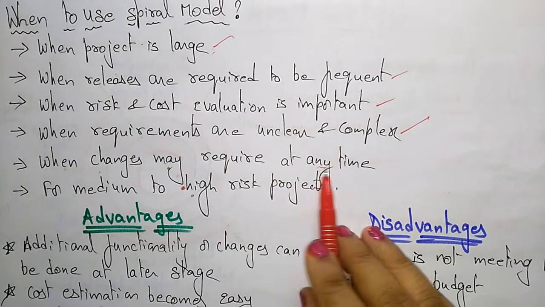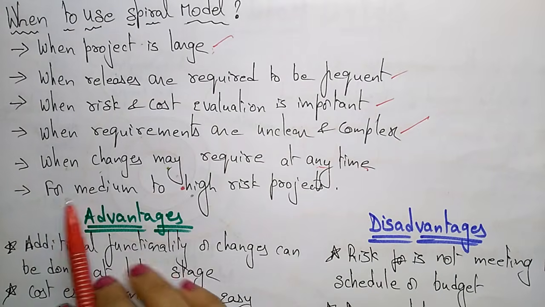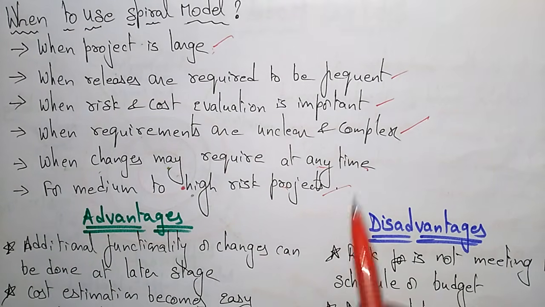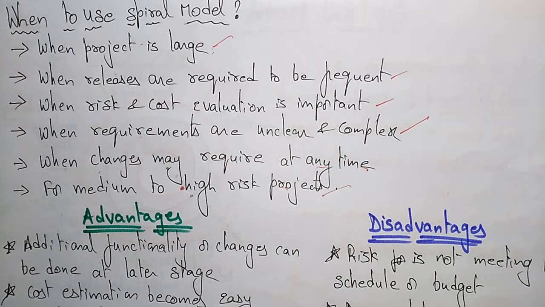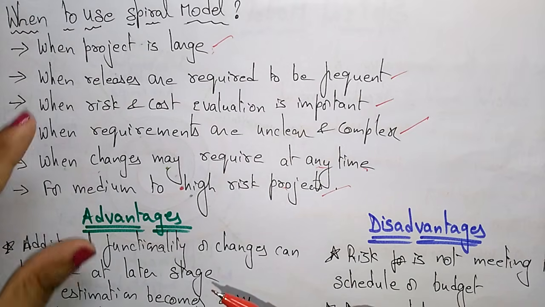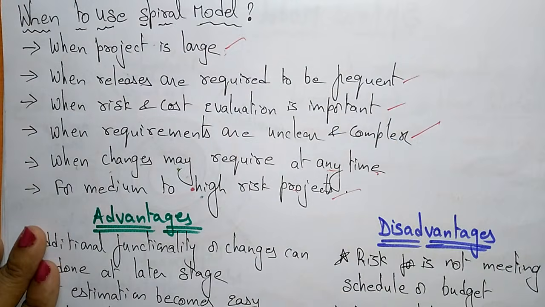When changes may be required at any time, then go for the spiral model. For medium to high risk projects, where you add features to a medium project and it becomes a high risk project, you can prefer the spiral model. So in these cases we will go for the spiral model.